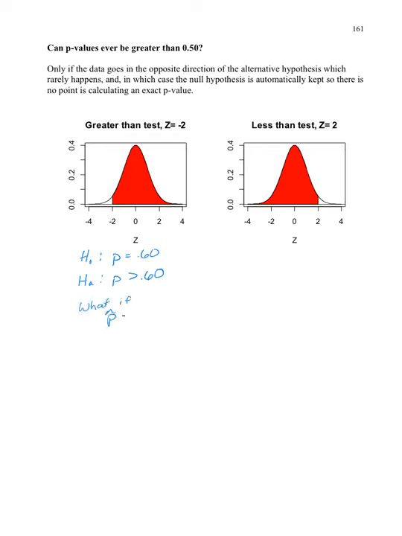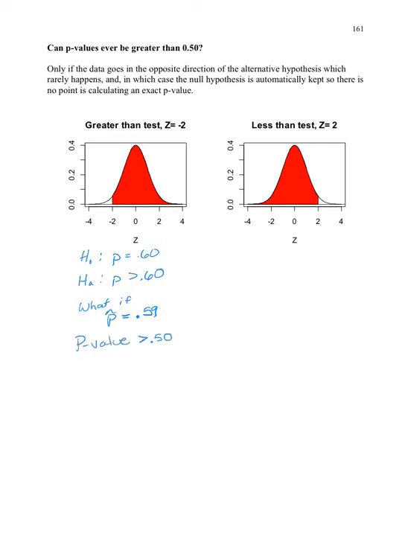So what if p hat equaled 0.59? We're never going to find evidence that the true proportion is greater than 0.6 when we actually witnessed a sample proportion that was less than 0.6.